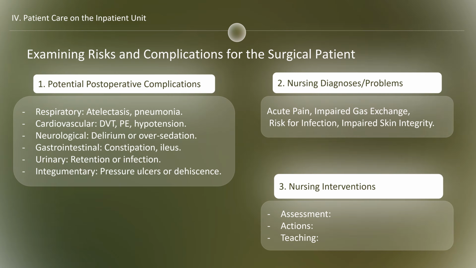Action, implement prevention strategies like, again, early ambulation, turning schedule, teaching, explain activity restrictions, wound care, and signs of infection. It's repetitive, but I think the more we hear it, it's a brain muscle, it will help us.